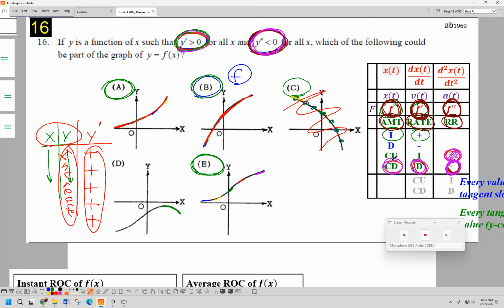Well, blue slope is what again, Charity? Positive or negative? Positive. And the yellow is? Positive. But as you go from blue to yellow, are you getting more positive or less positive? So that's an increasing slope. Like the slope is increasing in this area. That violates this clue. So this graph of E is both concave up and concave down. So it cannot match the clue they gave us.